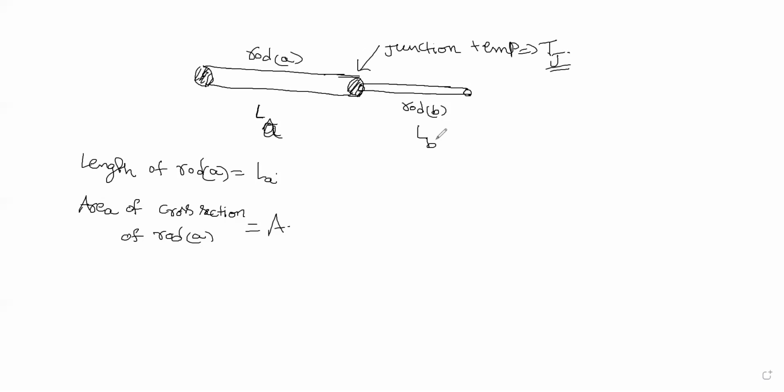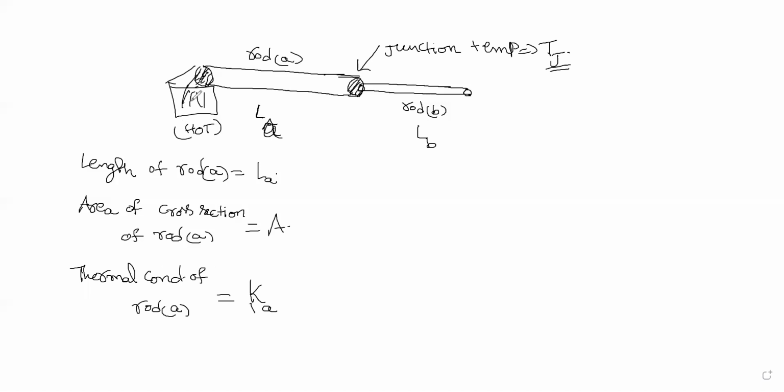This is LB. And now the area of cross section, length, and thermal conductivity of rod A is, let us say, Ka. Now these are the three things we need. Here at this end we have heated the rod, so this is the hot end.